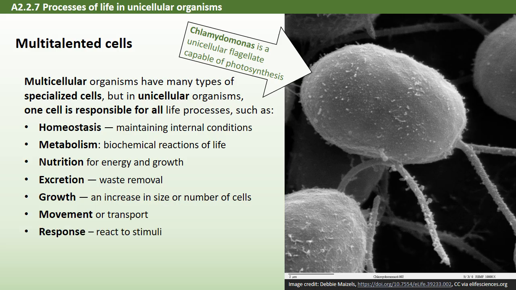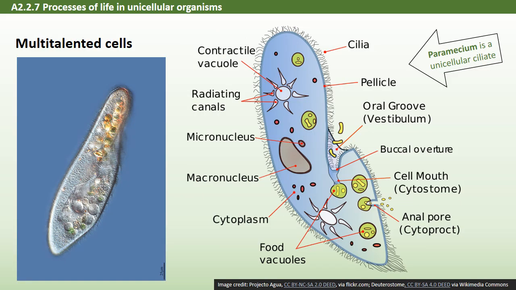Response is being able to react to stimuli, and reproduction, production of offspring. This is another example of a unicellular multi-talented cell. Paramecium, it's a unicellular ciliate, and maybe you've already seen some under the microscope.